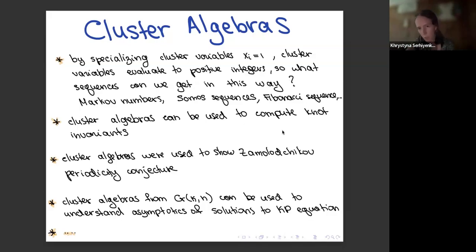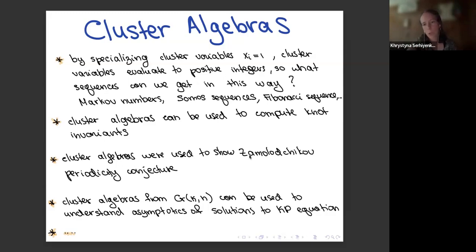Recently, cluster algebras have been used to compute knot invariants. You have a knot, you can associate a quiver to it, and there are cluster variables. Once you specialize the values of the cluster variables to some other parameterization, you get the Alexander polynomials or Jones polynomials, these famous knot invariants.